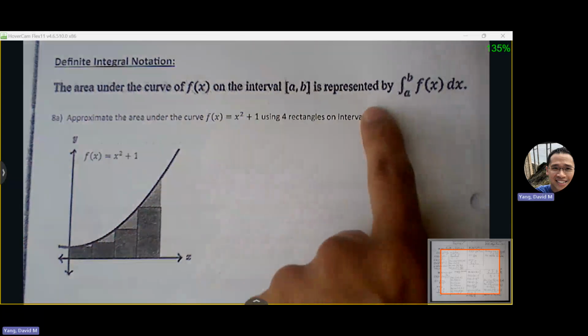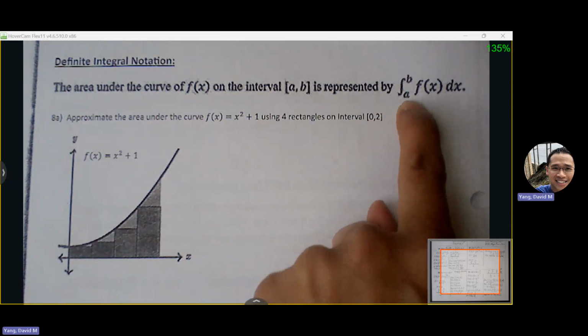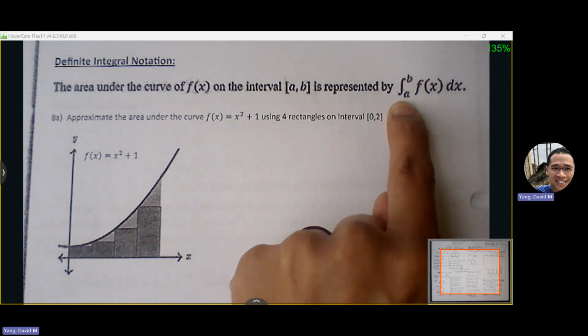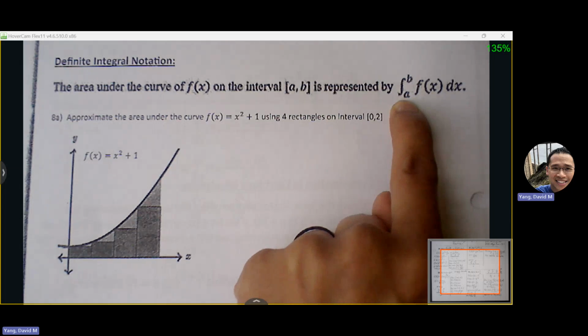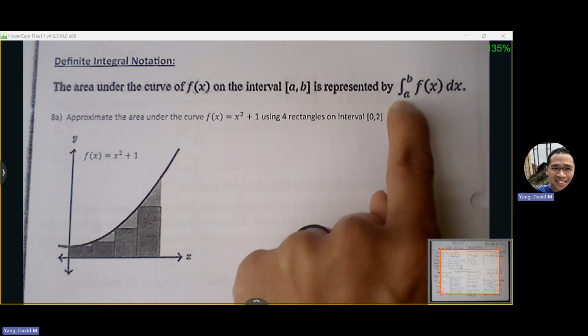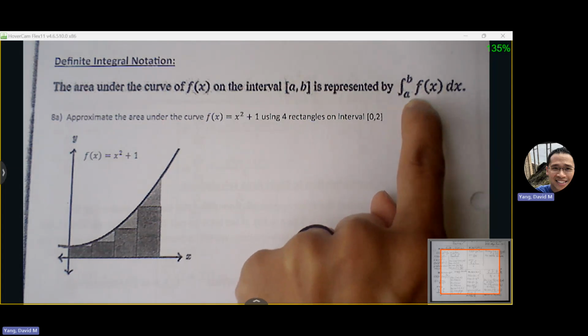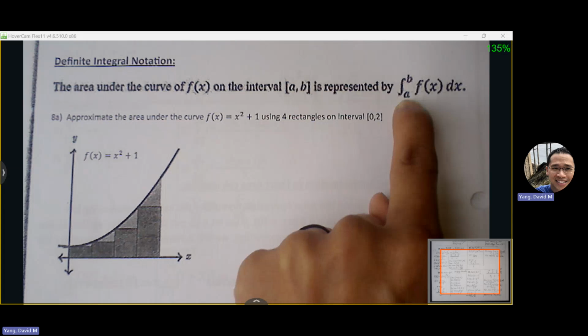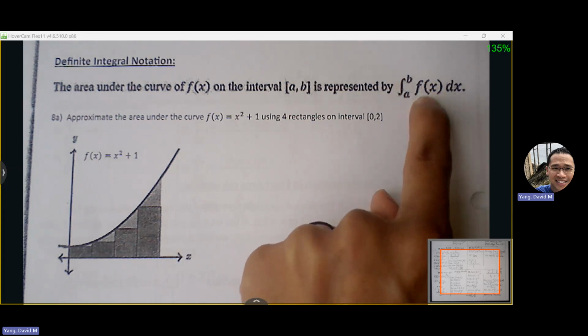It says the area under the curve is represented by this, and we're going to talk a lot more about this notation, but this is the integral notation. The integral notation is basically showing that we're accumulating a function over a period of x values, just like when we talked about area under the velocity graph.